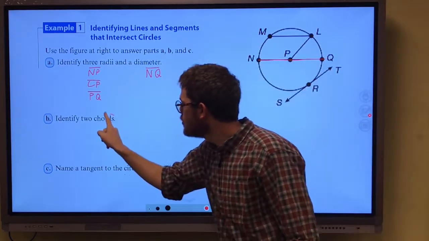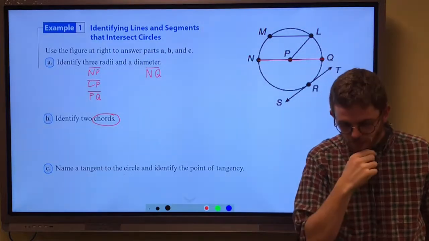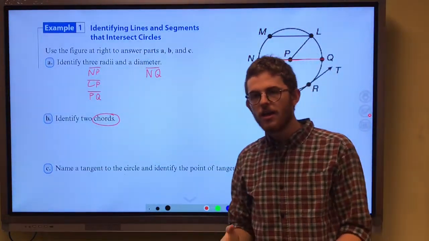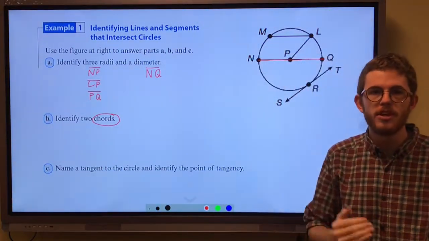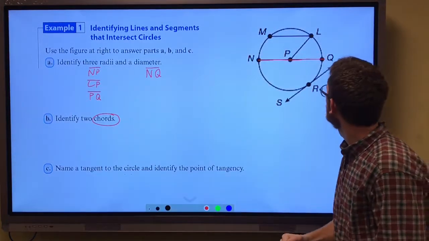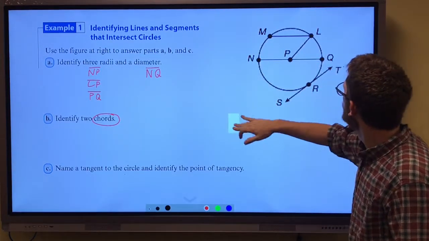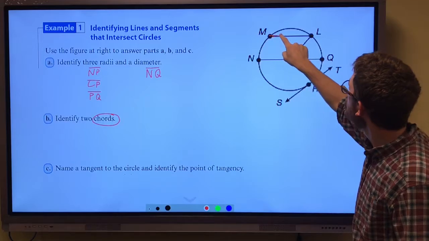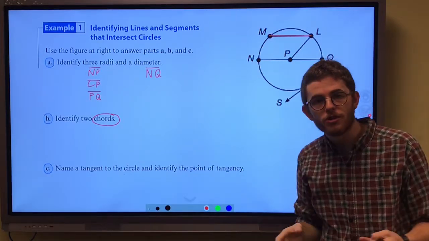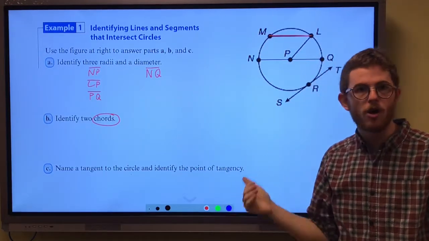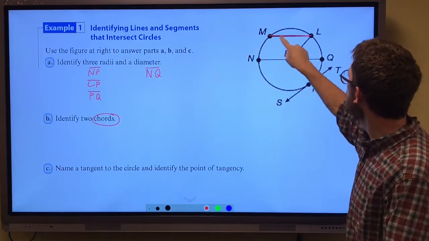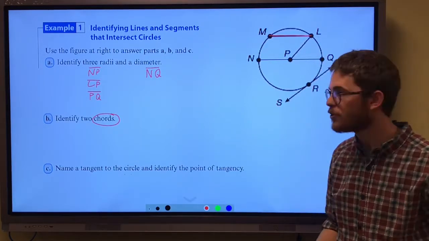Now we have this new word, a chord. A chord is just any segment with endpoints on the circle. Notice ML is kind of a chord in the traditional sense. The endpoints are on the circle. Clearly, ML, both endpoints on the circle, that is a chord.